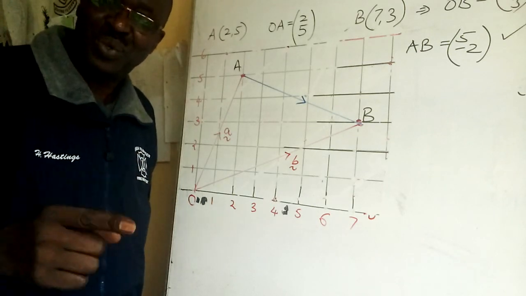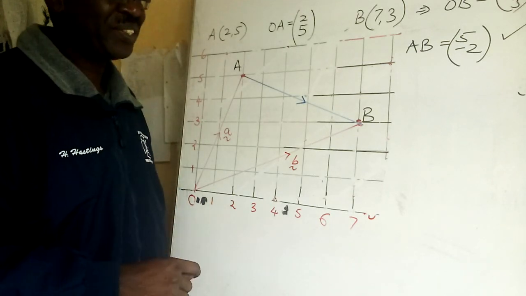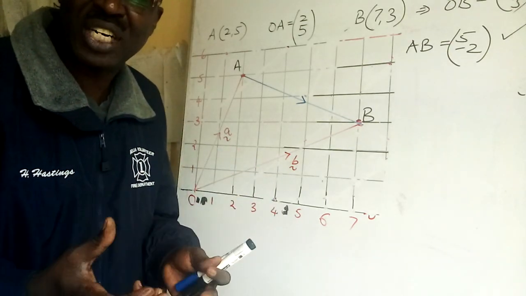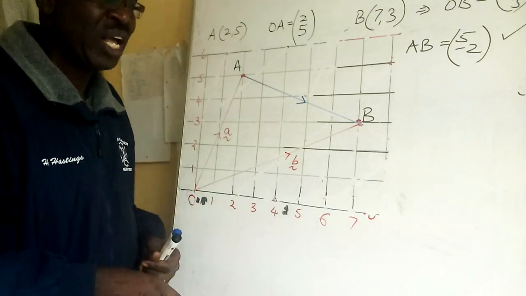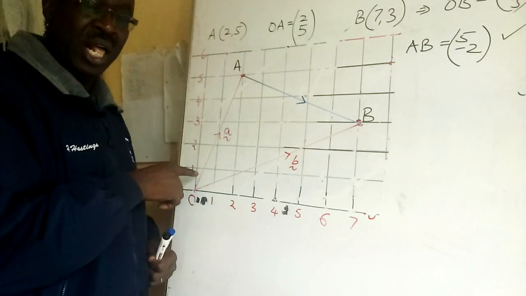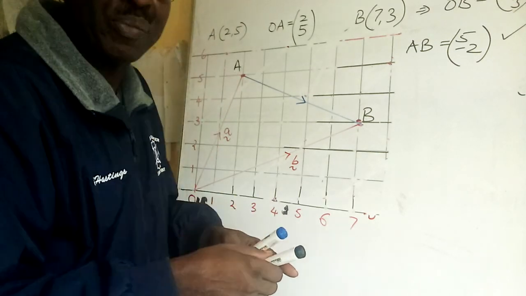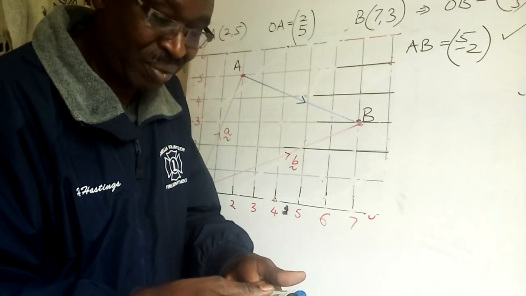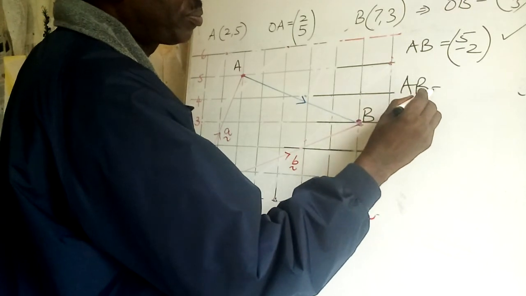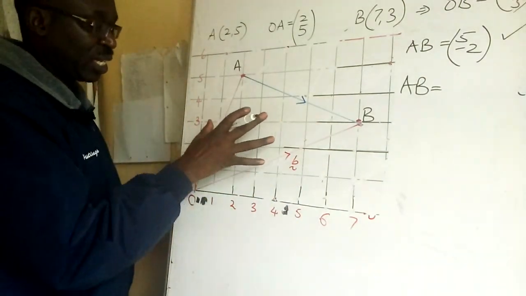I want us to do another way, and we see how this simple question can be handled in numerous ways. Another way is, if I'm here now, vector addition. Another way, from A to B, and these are the roads.